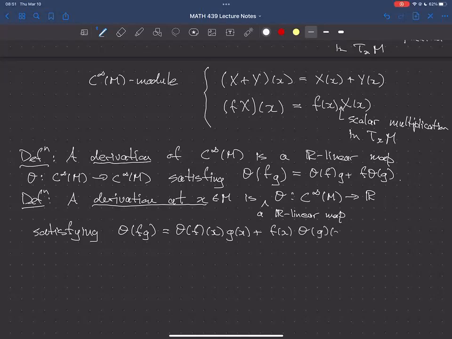Oh, I apologize, I don't need the argument there. This one you don't need the argument, because it's already a scalar. Sorry, let me just rewrite that because it's messy. So it's theta of f g at x equals theta of f times g of x plus f of x times theta of g.